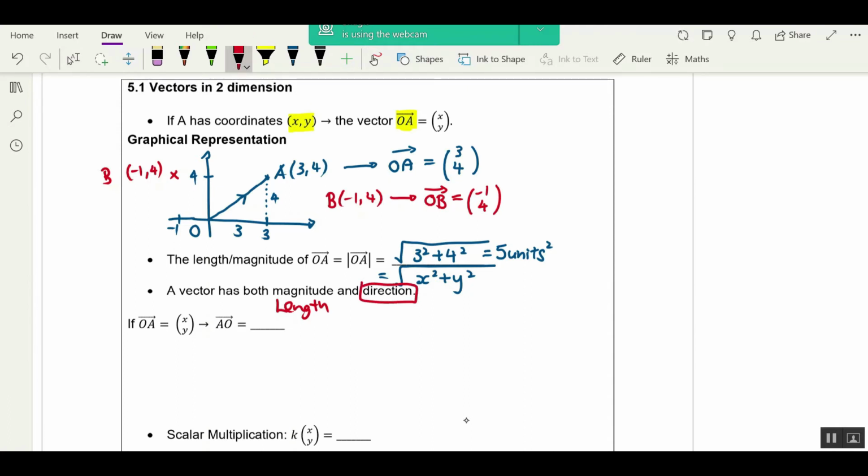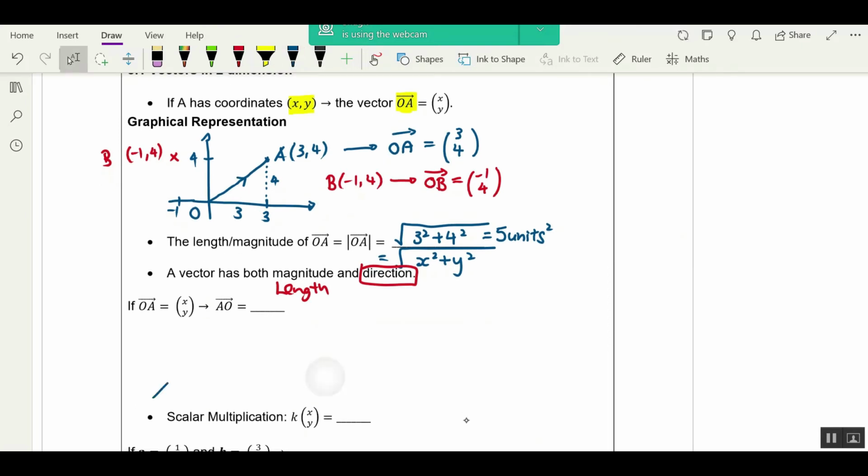For example, if OA is equal to x, y, let's say OA is in this direction, and OA is, from the first part, 3, 4. Another vector that has the same length but points in the opposite direction is called AO, and this is equal to -3, -4.